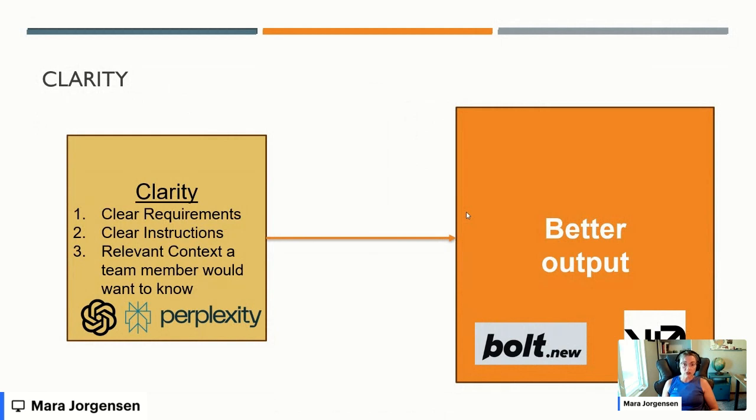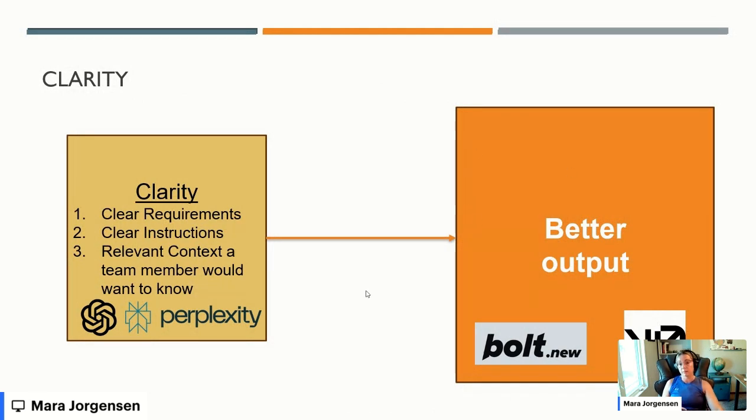If you were actually starting to build out something and you had an engineering and design team, what context, what business knowledge would they need to know before they were able to start developing? And that is the kind of thing that we want to be able to give our code editing or generating tools, because the more clarity we give them up front, the better output we are going to get on the other side.